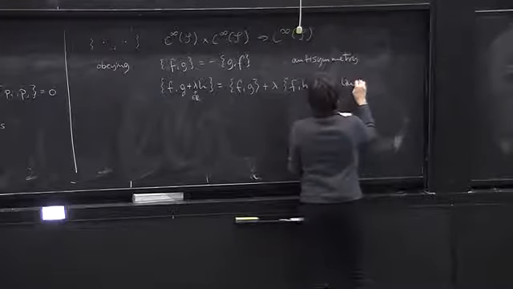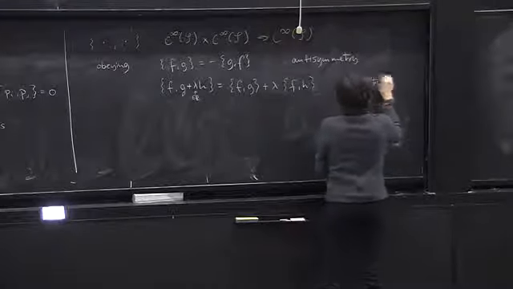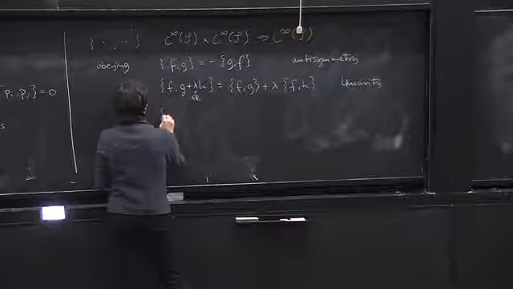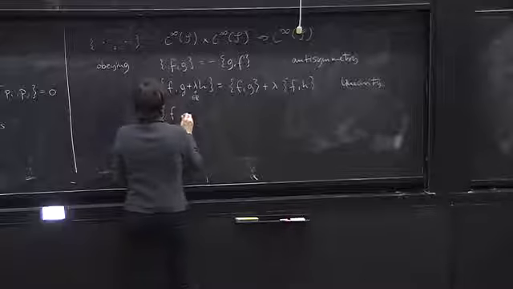So that's linearity in the arguments. And lastly, I have a Jacobi identity.